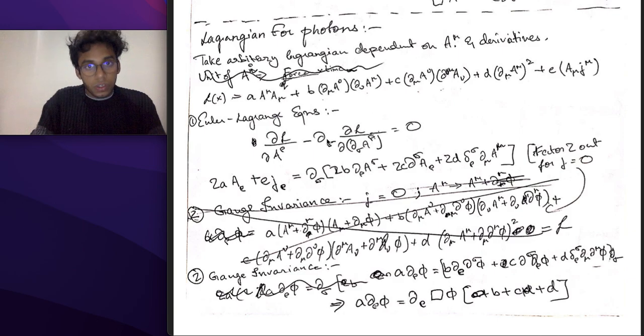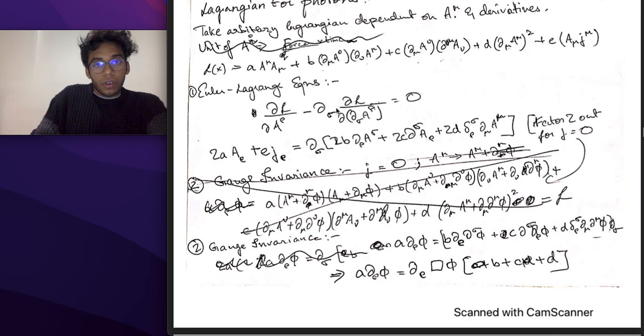For the first term of the Euler-Lagrange equation, you can only take the derivative of the Lagrangian with respect to A rho, which means you only have the first and the last terms of the Lagrangian to differentiate. The principle is that dou mu A nu is independent of dou nu A mu. Then you do the same thing for the other term, and you end up with an equation.